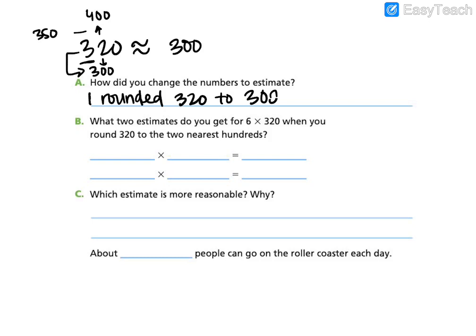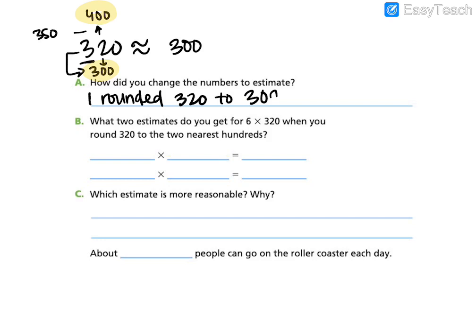What 2 estimates do you get for 6 times 320 when you round 320 to the 2 nearest hundreds? Okay, this is what it's asking for. The 2 nearest hundreds, right? What is 320 between? It's between 300 and 400, right? It falls in between those 2 numbers.